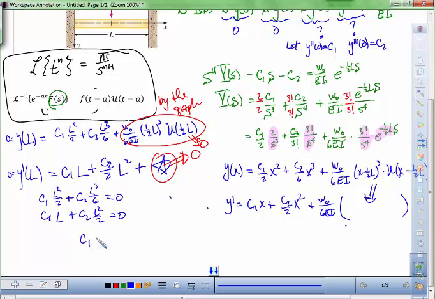So C1 from the second equation is going to equal to negative C2, and then divide by L, so this is L over 2. I guess if I plug that in, they're both going to be 0. Yeah, it can't be right now.